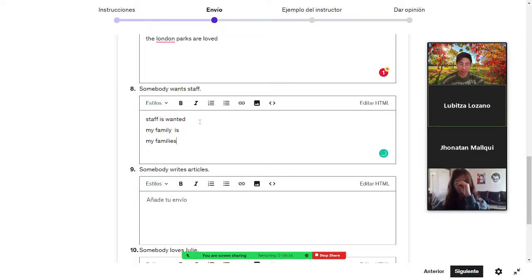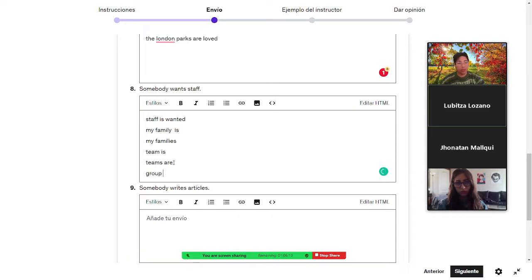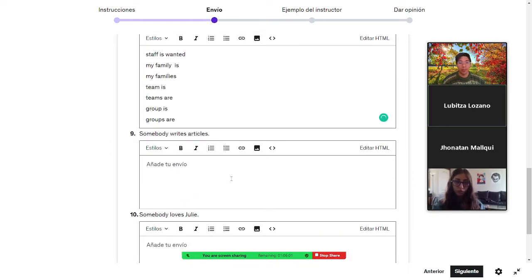It doesn't matter that a noun means a lot of people. If you know that this noun has a plural form, you have to use is and then are. It's similar to team, because team has the word teams, which is the plural form. So team is and team are. Or a group: you say group is, but then you say groups are. Did you understand? I hope so.